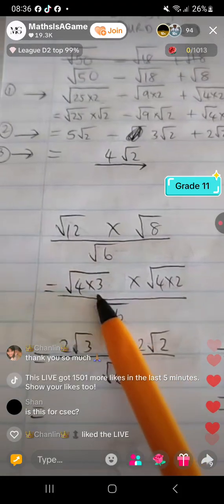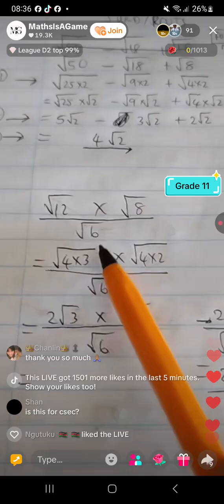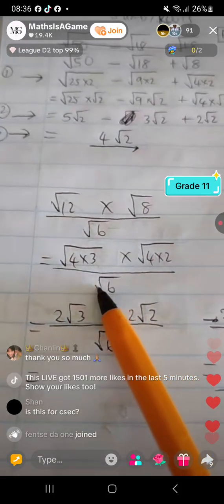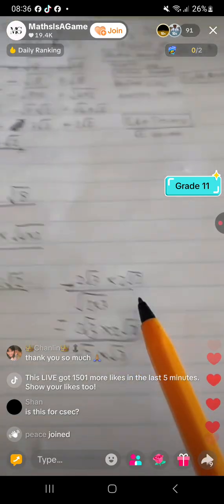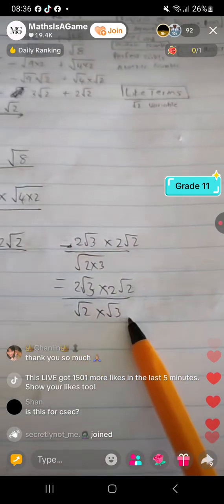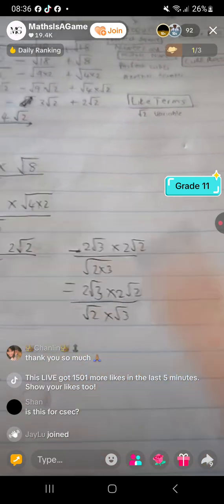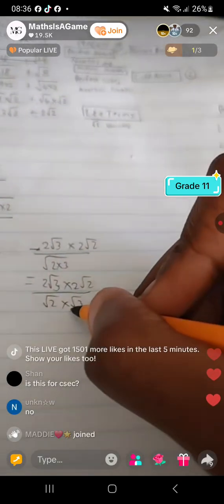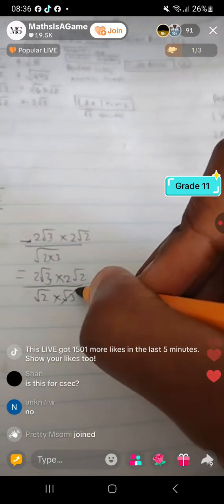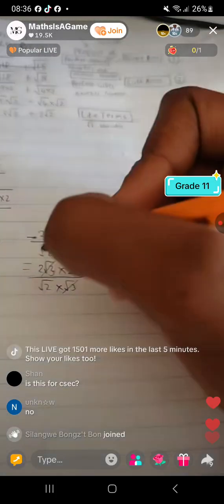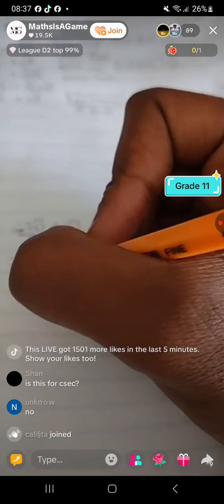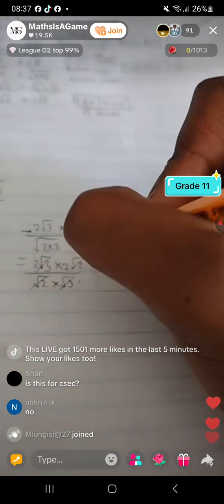So even initially from this step, you could have immediately said separate, right? 2 times 3, and then from here you go directly here, and then you are able to cancel. So you think about it, this root 3 and this root 3, goodbye. We are left with 1 and 1. This root 2 and that root 2, goodbye.